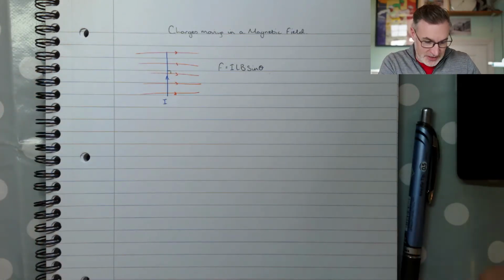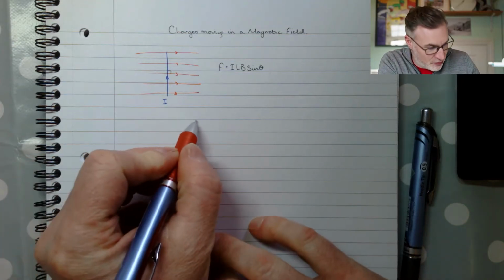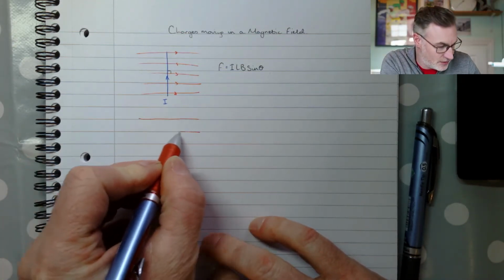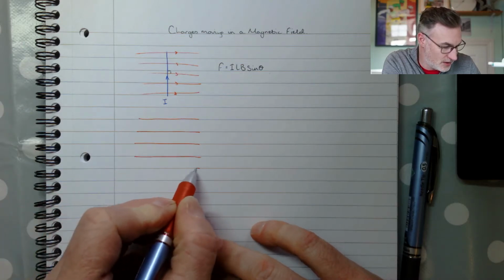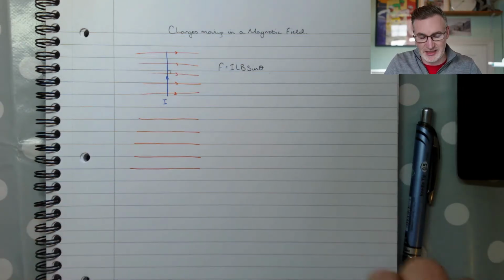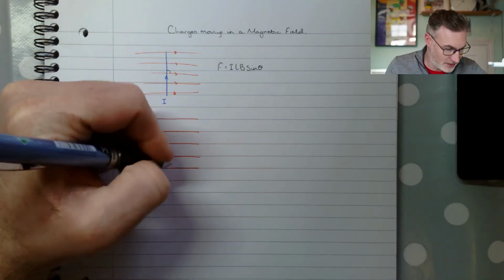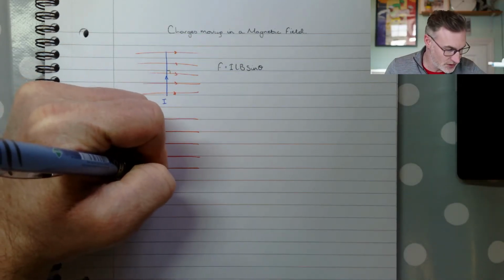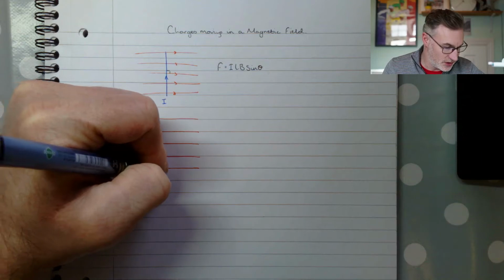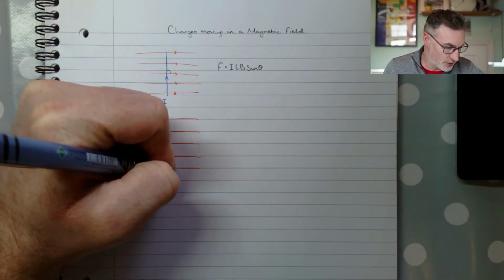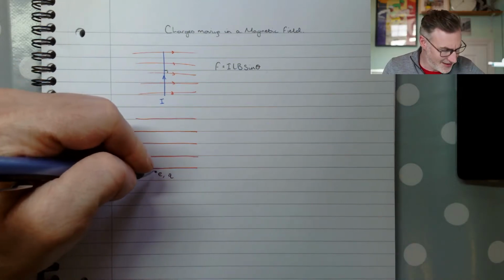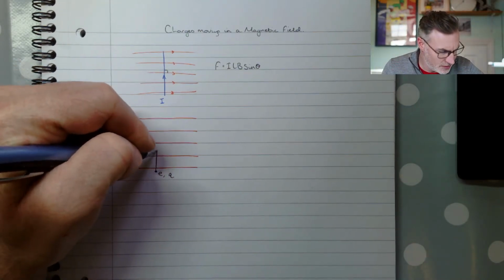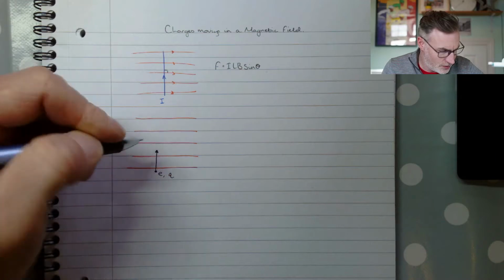Now if we take a similar scenario to this, but rather than look at a wire, let's just focus on an individual electron. So let's have an electron with a charge of Q that's been fired through a magnetic field.